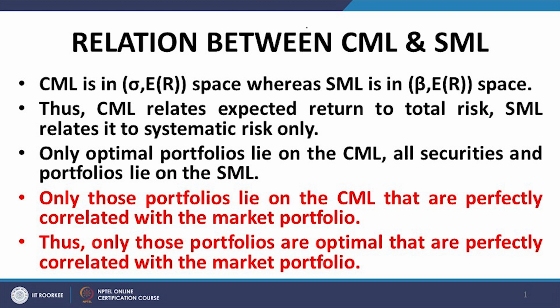Now, let us compare the two terms, the capital market line and the security market line. The capital market line, as I mentioned a few minutes back, is in sigma expected return space. The risk is measured in terms of the total risk sigma, and the expected return is usually measured as the arithmetic return, and the security market line is in beta ER space. So, I repeat, capital market line is in sigma ER space, the security market line is in beta ER space.